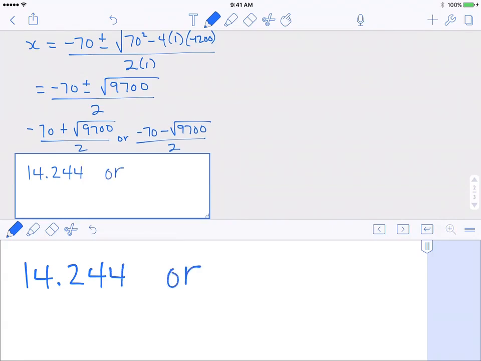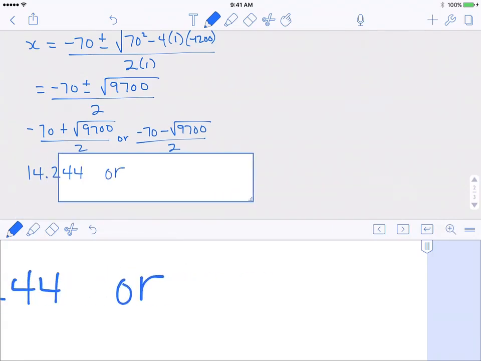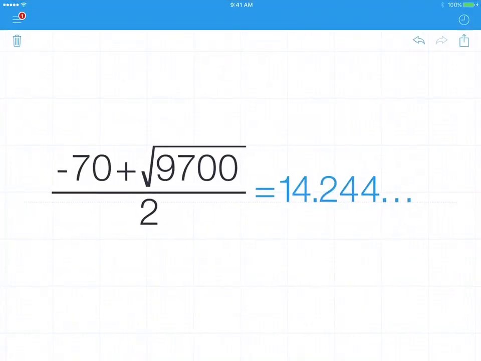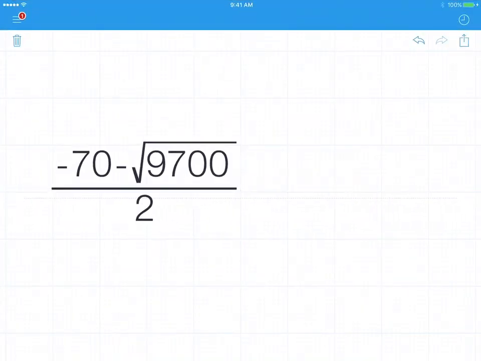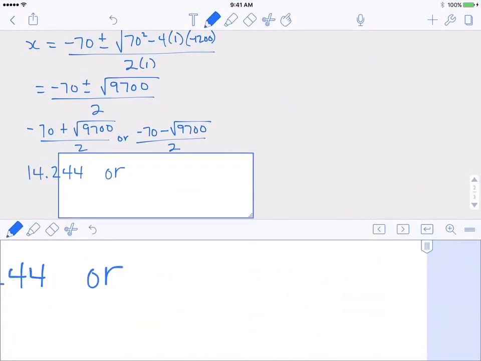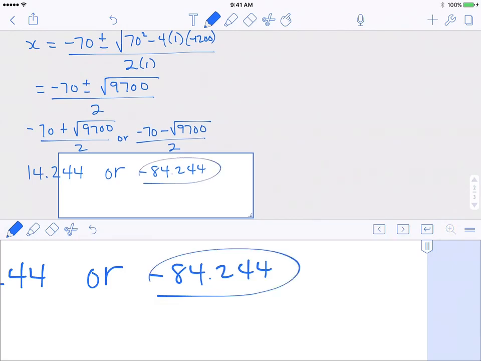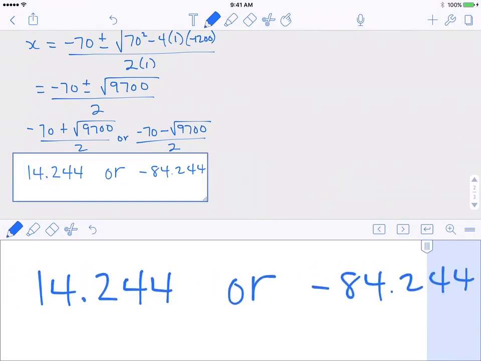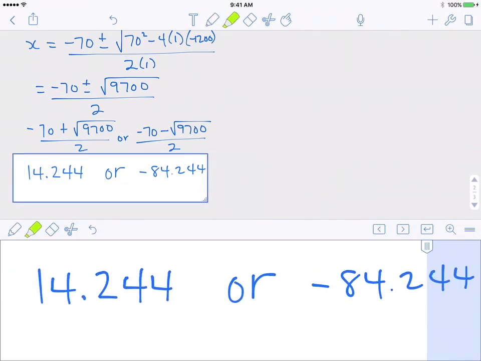Let's plug this back in, and change our addition to subtraction, and we get negative 84.244. Now, if we're talking about an addition to a garden, clearly the negative 84.244 is not valid. So the answer we're looking for here is 14.244. That is the correct answer.